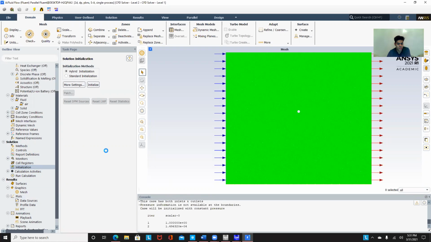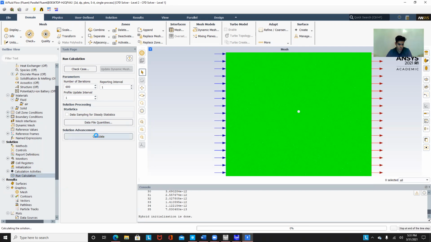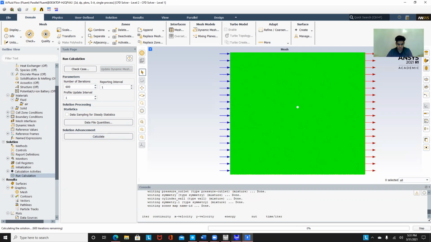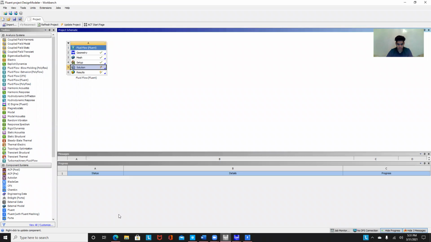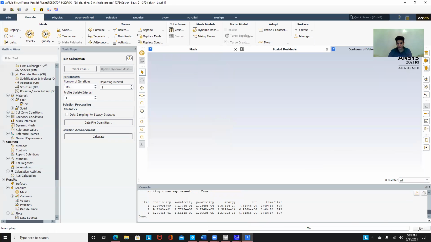Initialize. So the initializing is done, and then I have to run this calculation. It's going to take a little bit. Actually, I'm just going to be stopping this calculation because I already made it, right?